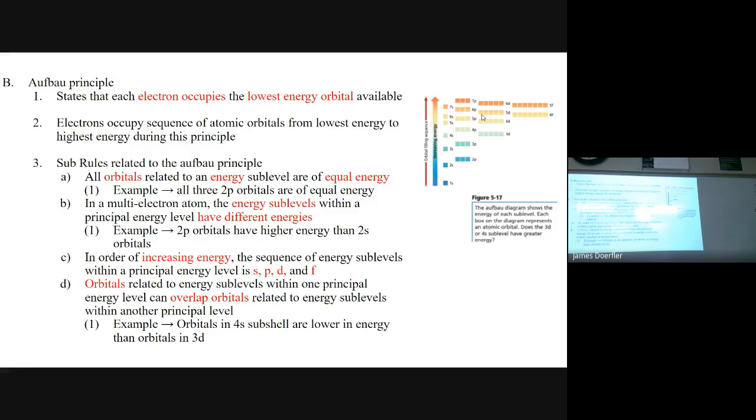So, sub-rules related to the Aufbau Principle. Okay? All orbitals related to an energy sublevel are of equal energy. And what that means is, we stated early in this chapter that the p orbitals are made up of three separate orbitals. Okay? All three of those orbitals that make up a p orbital are of equal energy.